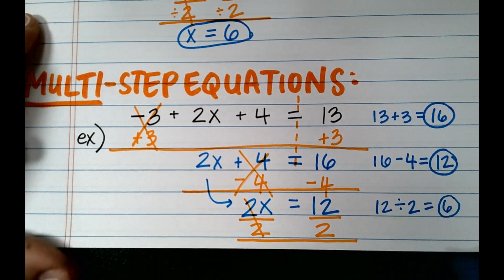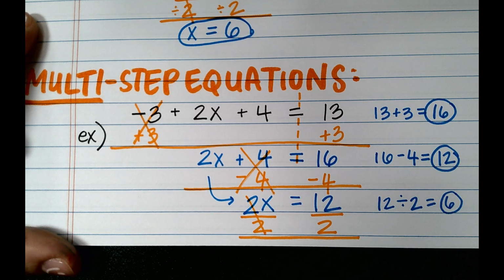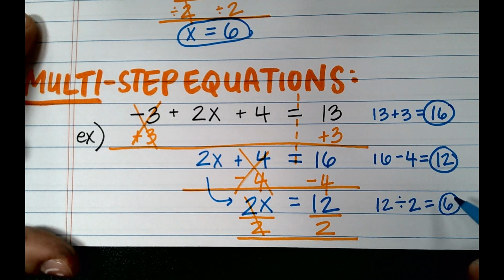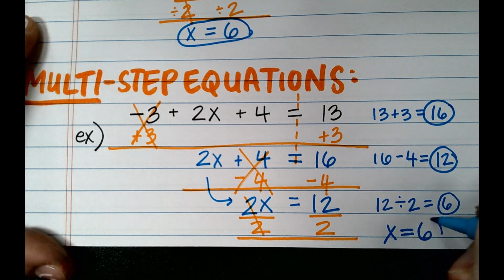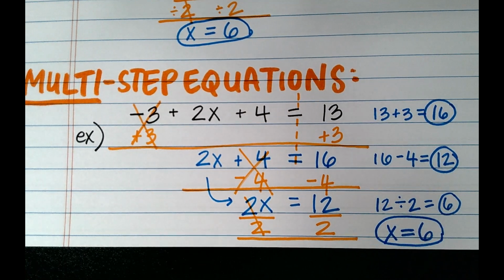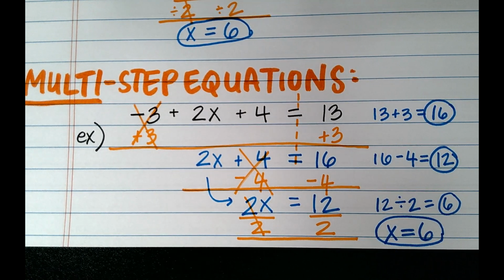I ran out of room, but I would bring down my x, bring down my equal 6. X equals 6. Is that so much worse than the 2-step? It's not too much worse. It's just one extra step. It's just a little bit longer.